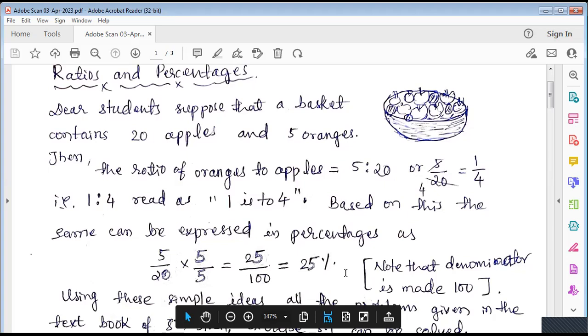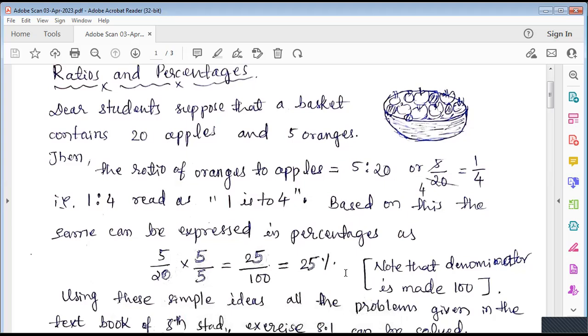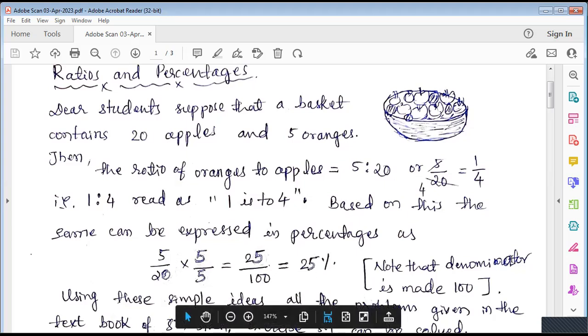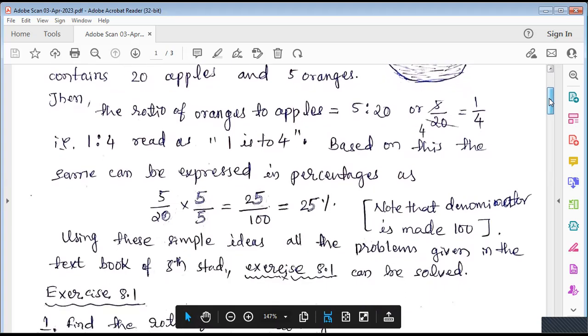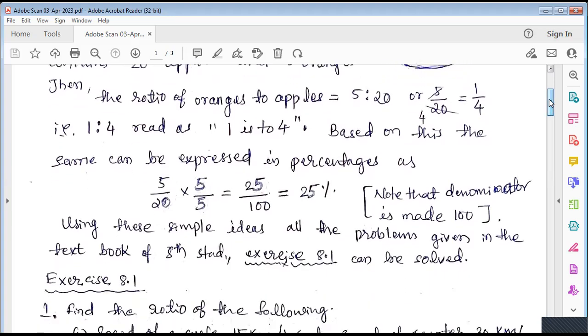That means 25% are oranges, and the remaining 75% are apples.